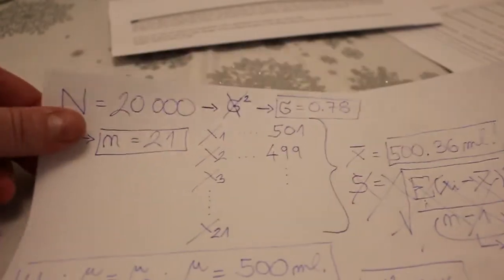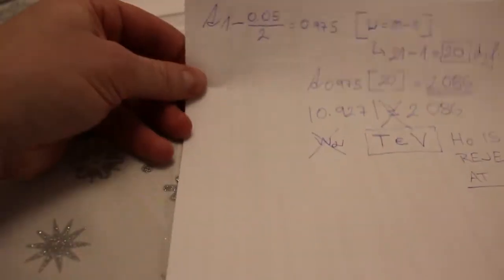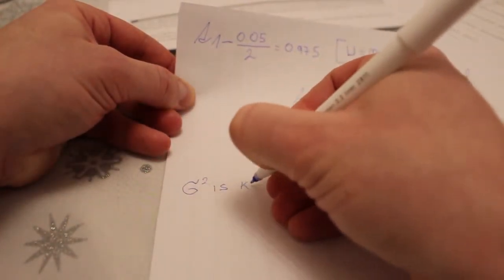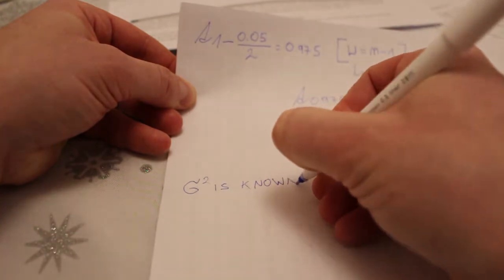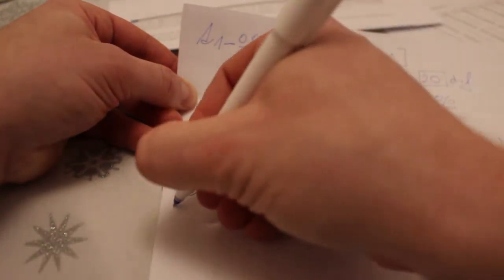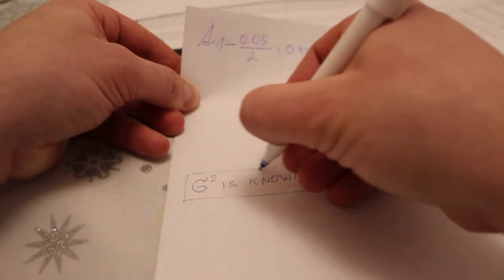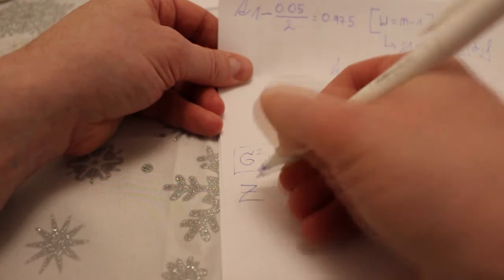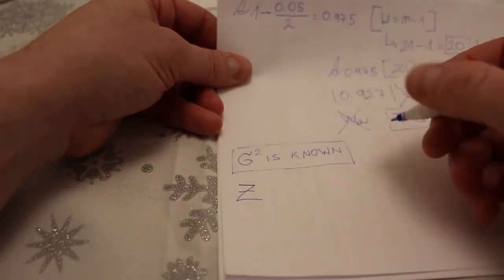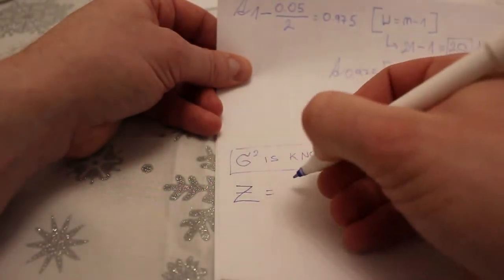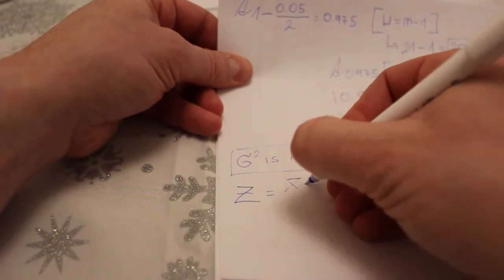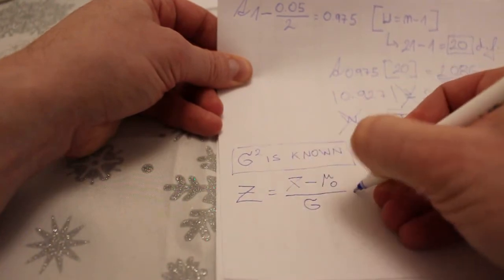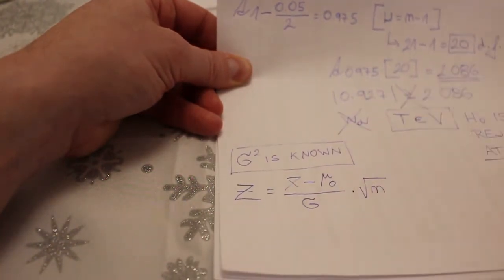So because now sigma squared is known, we can use the test statistic with the standard normal distribution Z. Yes, and there is written the formula: x-bar minus mu 0 divided by sigma times square root of n.